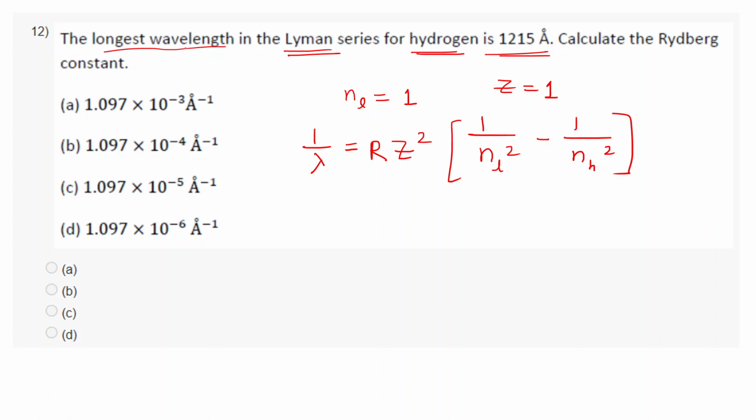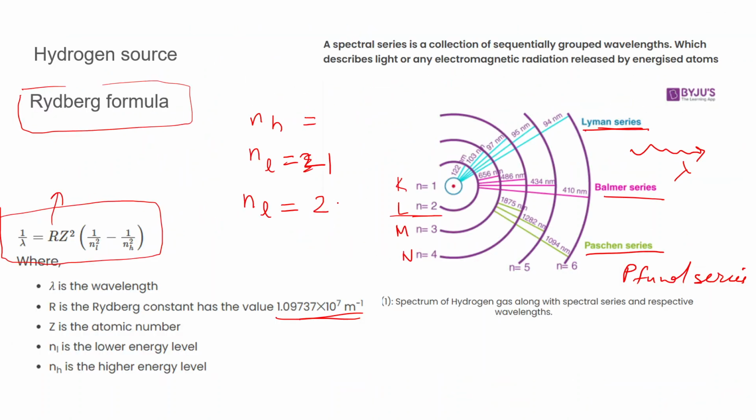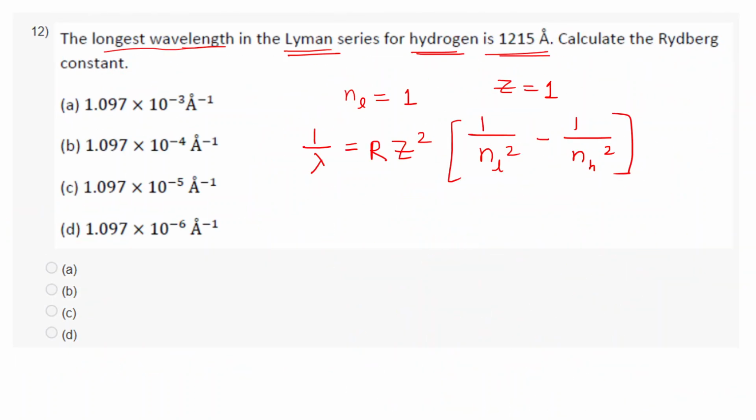Now they're talking about the longest wavelength. If the electron is coming from a very high energy level to the first level, the energy difference is more. And since wavelength is inversely proportional to energy, if the energy difference is more, the wavelength will be very less. So if you are talking about the longest wavelength, then the energy will be the minimum. And when will the energy be minimum? When it's jumping from the second level to the first level.